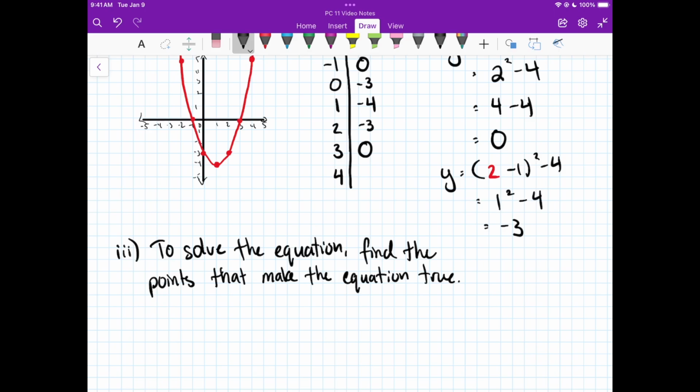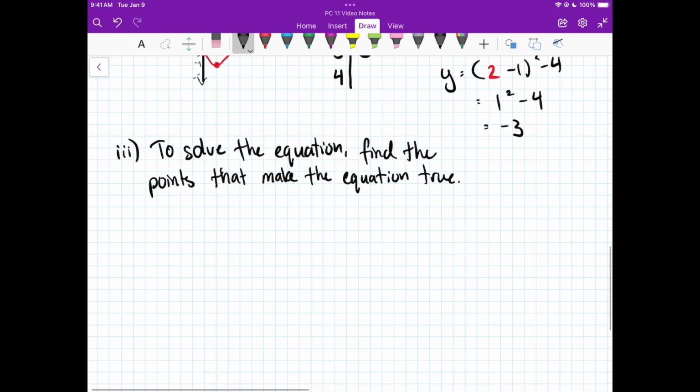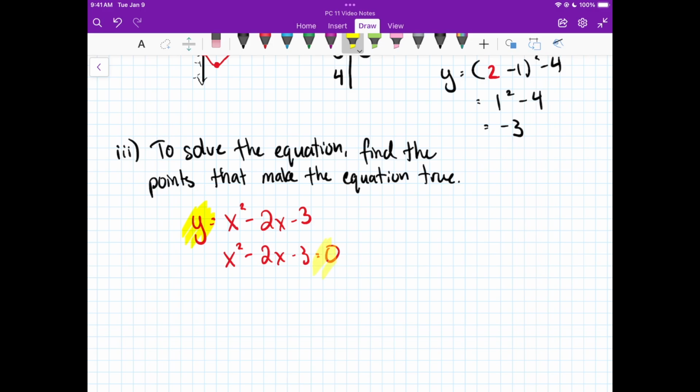So if you compare our equation with our function, remember we had y equals x squared minus 2x minus 3, or we had x squared minus 2x minus 3 equals 0. So the middle parts of both of those are the same. The only difference is that one of them is equal to y, and one of them is equal to 0. So if we want these two things to match, what we're really saying is that we want to find the places where y equals 0. Right? That will make the equation and the function a match.